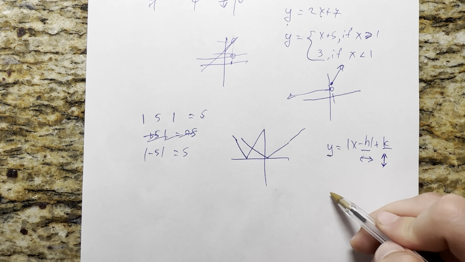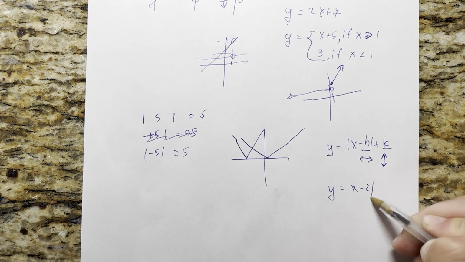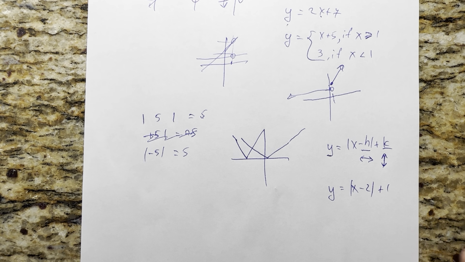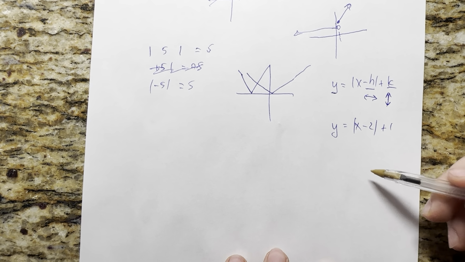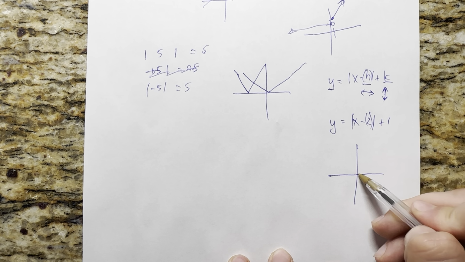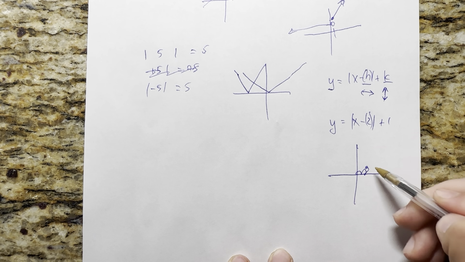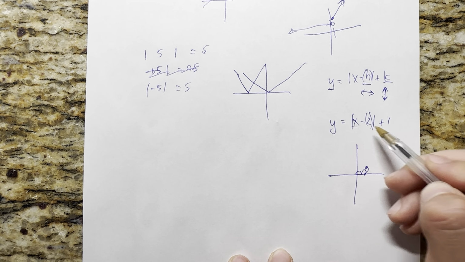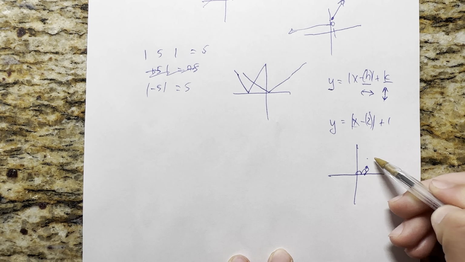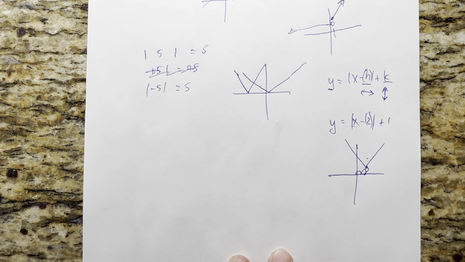Okay, so if we had y equals absolute value of x minus 2, plus 1, we would draw our function like this: x minus 2, x minus h. 2 will be positive, we'll go 1, 2 over to the right, and 1 up, and we'll have slope of 1, so we'll have 1 over 1 to the right, we'll go like this, 1 over 1 to the left, we'll go like this.